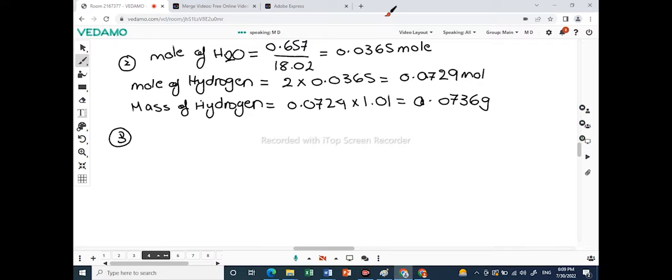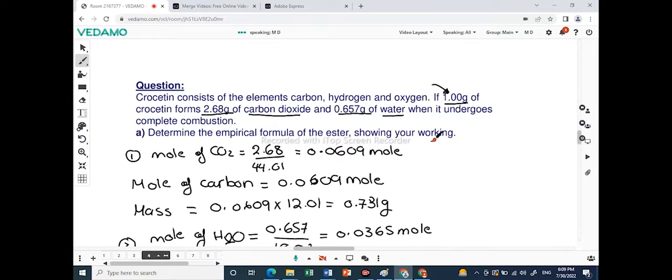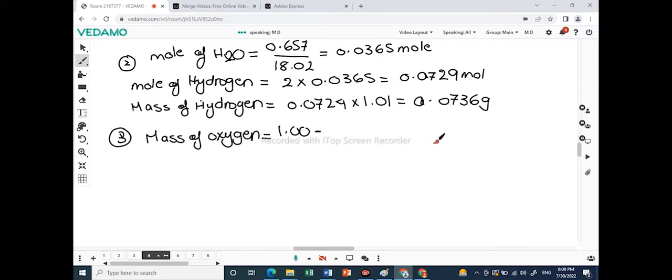If you remember from our previous example, we need firstly to find the mass of oxygen. For the mass of oxygen, we will take the total mass of the sample, which according to the question is 1 gram, and it is presented right here. This is the mass of the sample. Now we're going to subtract from it the masses of both the carbon and the hydrogen.